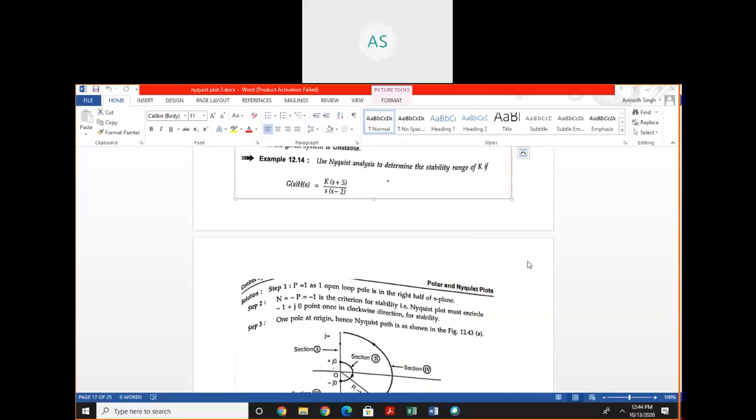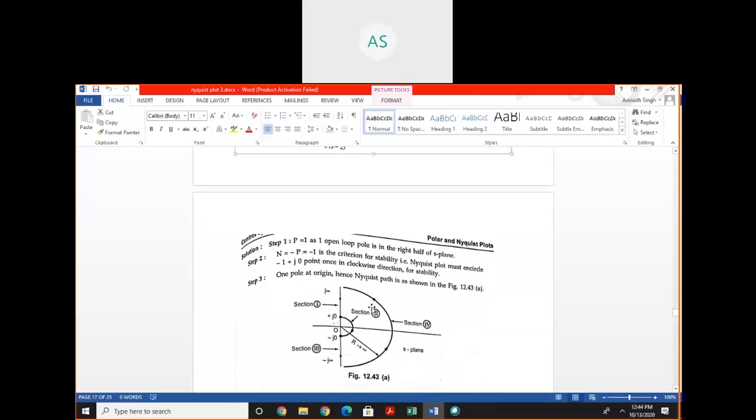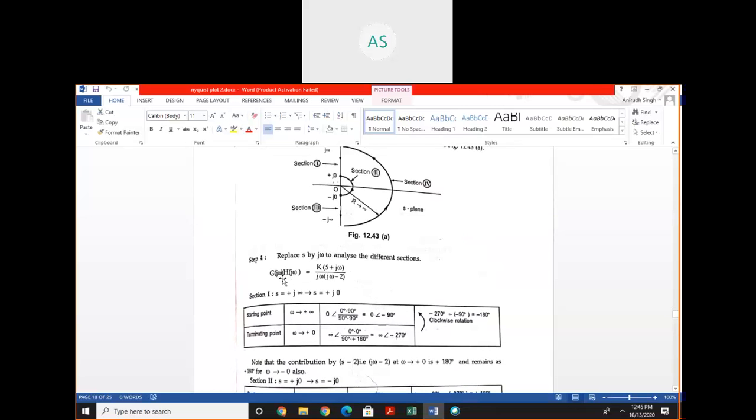There is one pole in the right half, meaning P is equal to 1.